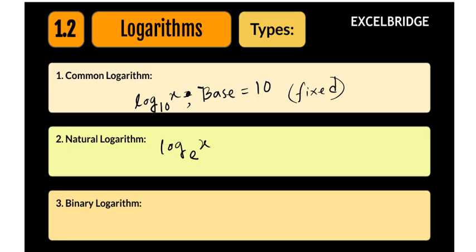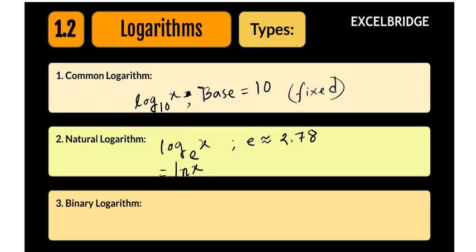When the natural exponential e comes here as a base, this is called the natural logarithm, where the value of e equals 2.78. We write this as ln x. Log e of x equals ln x, these are the same.